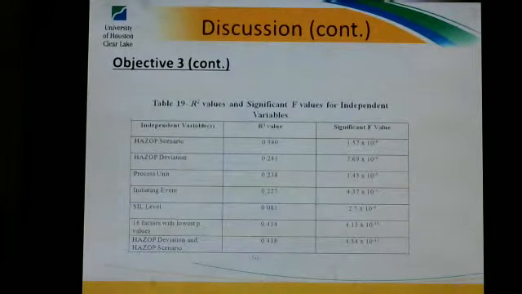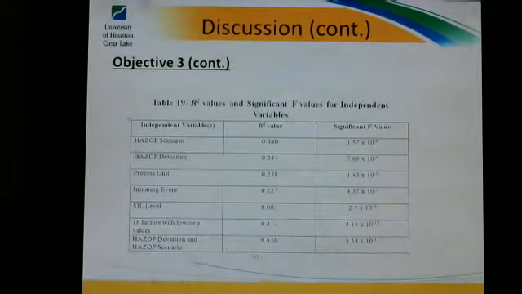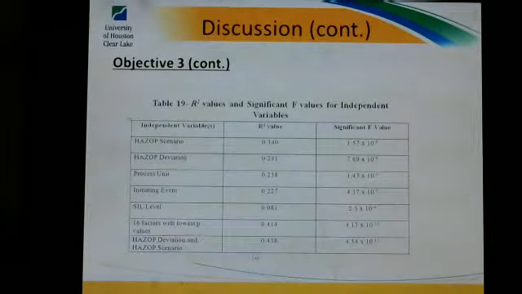And then, of course, the 16 factors with the lowest p-values also gave us a pretty good R-square value of 0.414. But you can see the cell level was the worst regression model as far as predicting the IPL device. It only had an R-square value of 0.081, which is a very poor predictor of IPL device.